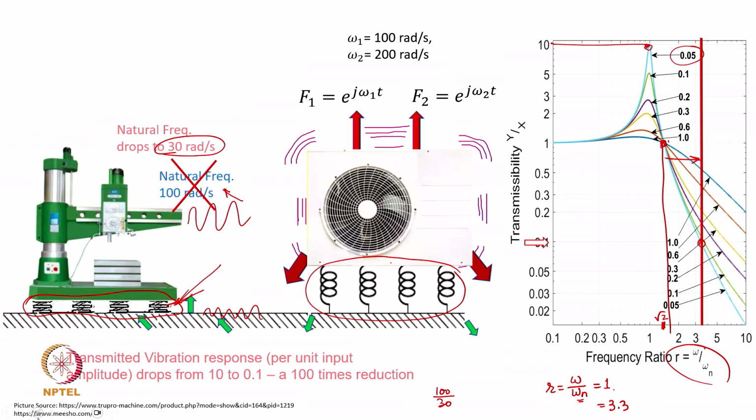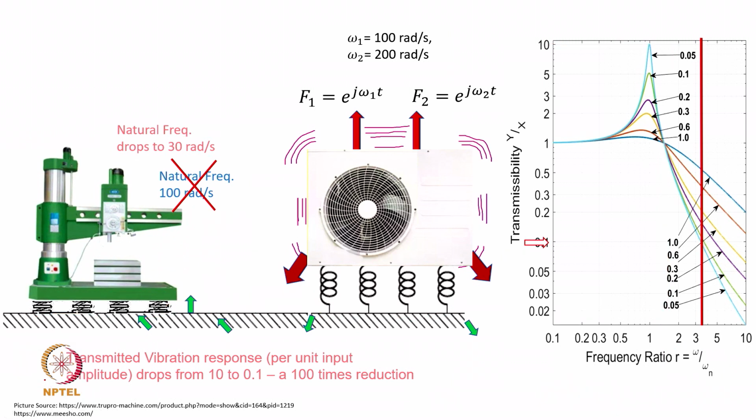Now, the major question that is different in this particular example is that I have taken care of this excitation frequency because the natural frequency was matching. What happens because of the other frequency, which is 200 radians per second?